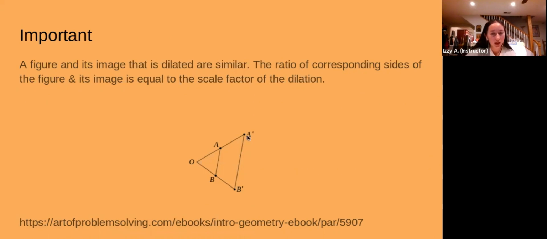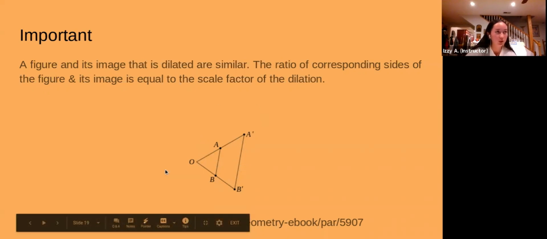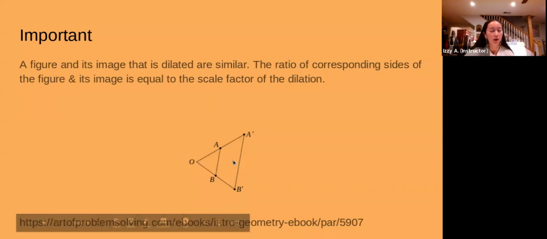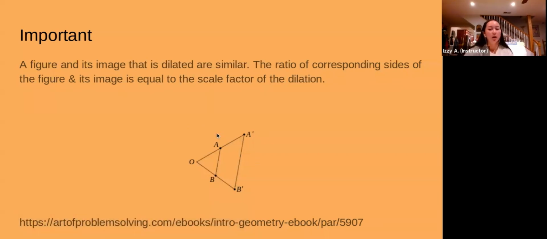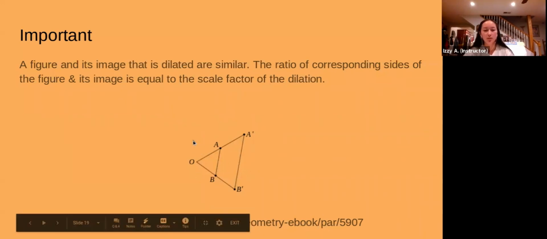In this case, the dilated figures aren't congruent to each other because the side lengths have different measurements, but we still need to take into consideration that these two shapes are going to be similar to each other. So triangle OAB is going to be similar to triangle OA'B', the bigger triangle, or the dilated triangle.